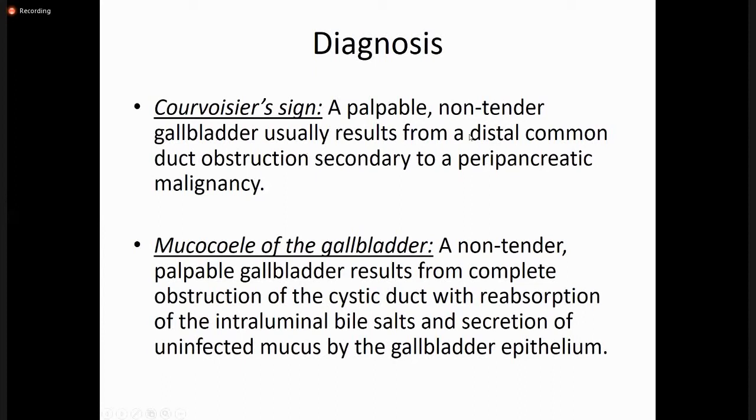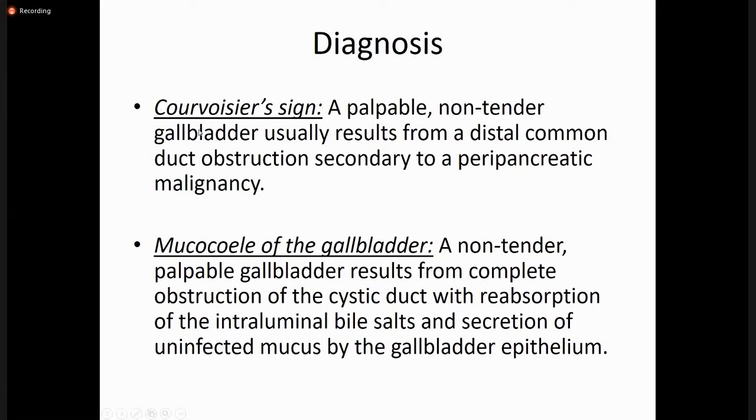Courvoisier's sign is basically a palpable non-tender gallbladder resulting from distal obstruction secondary to a peripancreatic malignancy. So a palpable non-tender gallbladder is usually a sign of malignancy, and it is basically known as Courvoisier's sign. You should know this.